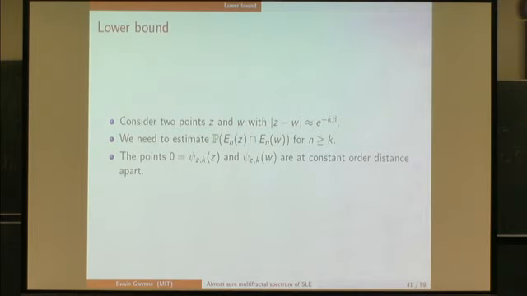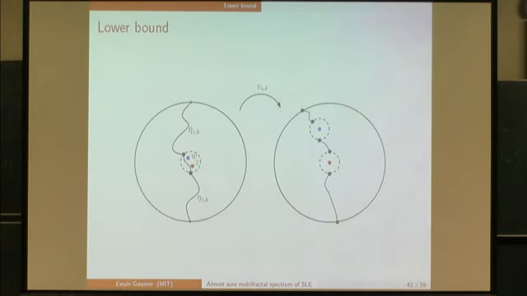So the idea here is that because we start at distance e to the negative k beta, once we apply our conformal map at stage k, we're going to end up with points which are at constant order distance apart. So here we look at the stage k curve, and the points are going to be pretty close together when we're at stage k. But then once we map out the two sides of this curve, we're going to end up with points which are at constant order distance apart from each other.